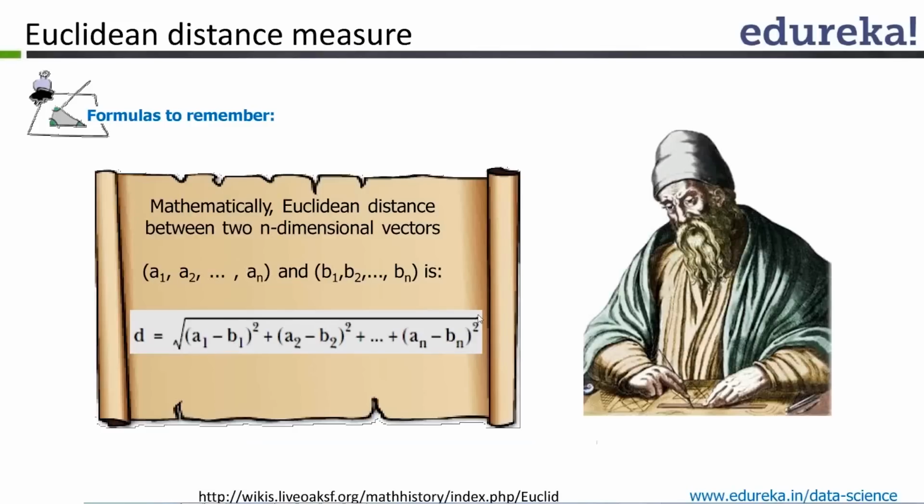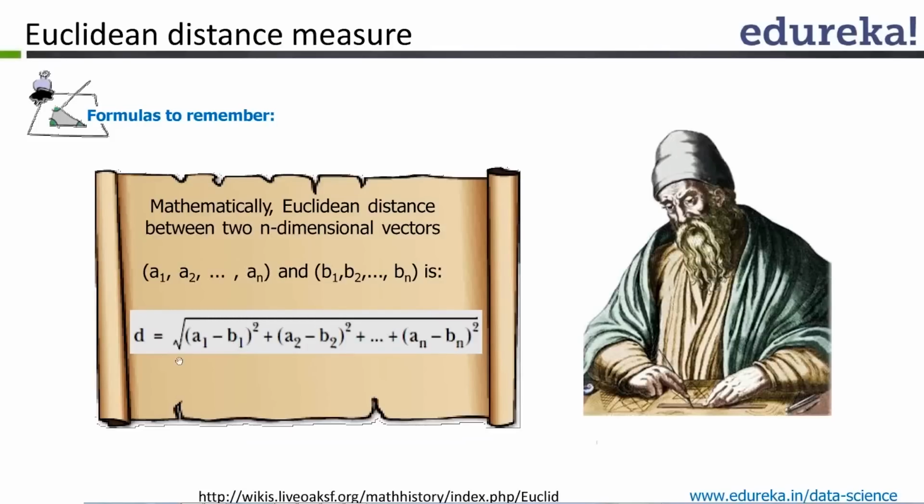Okay, so Euclidean distance, as we just said, is a popular measure, and we already learned this one. Given two data points represented as vectors, in a 2-dimensional space my vector will have x and y coordinates, so two coordinates.